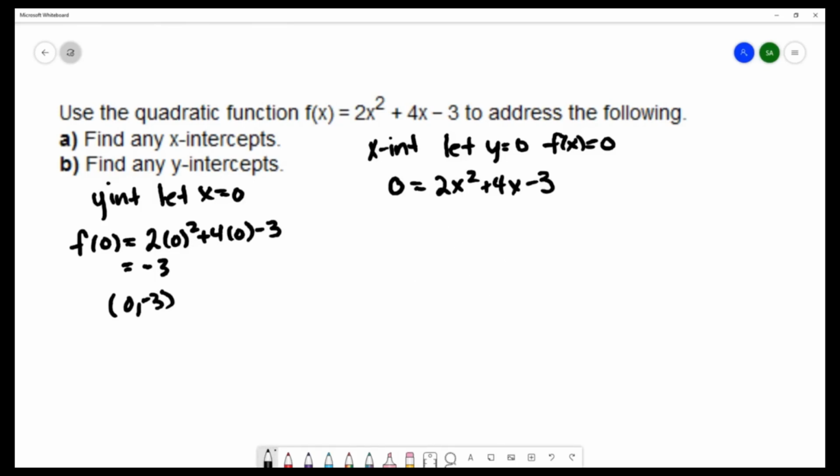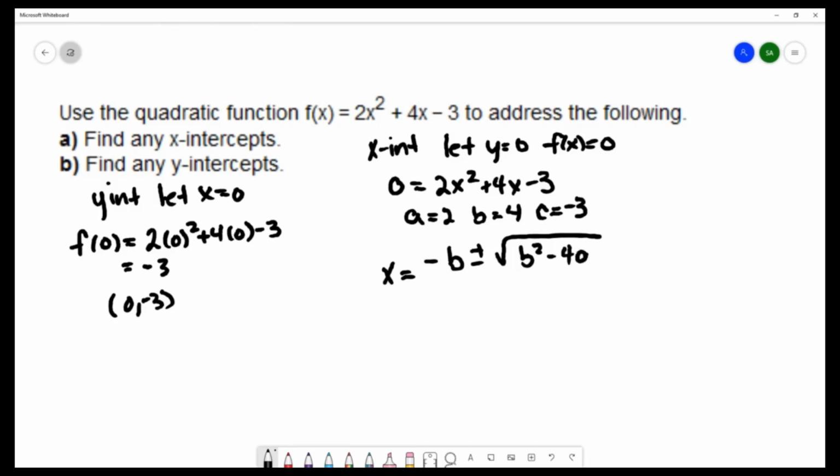So with the quadratic formula, we have a being 2, b being 4, c being negative 3. And the solution to the quadratic equation will follow this pattern, this formula, negative b plus or minus the square root of b squared minus 4ac all over 2a.